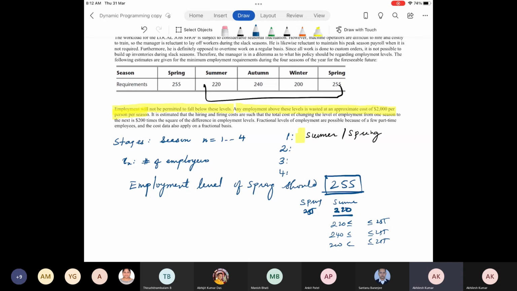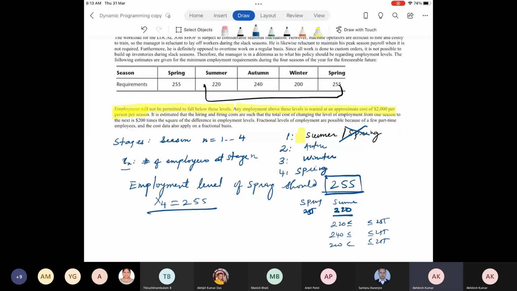So I will take spring as my n equals 4, and in between we will have autumn and winter. So these are my stages: summer, autumn, winter, spring. And here I have defined xn as the number of employees at stage n. By this, I can fix x4 equals 255.